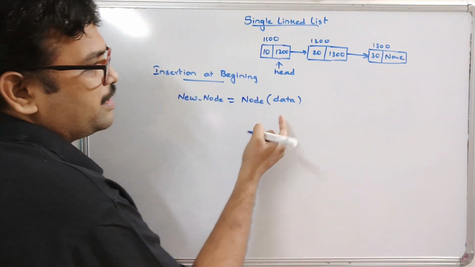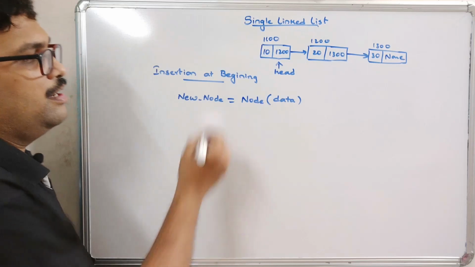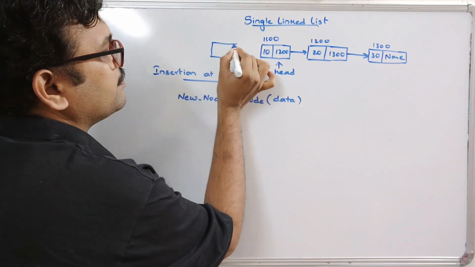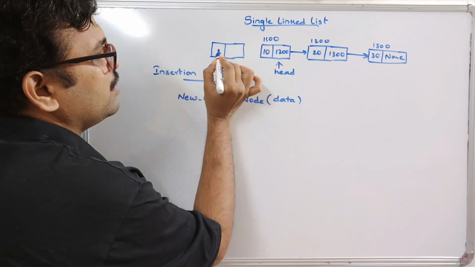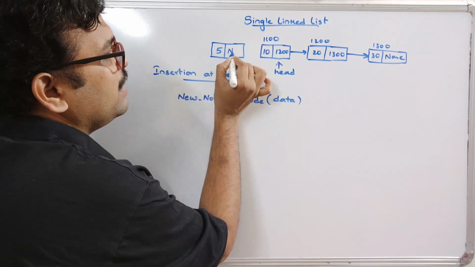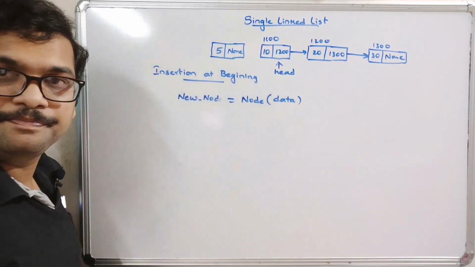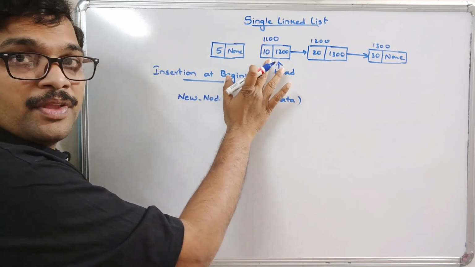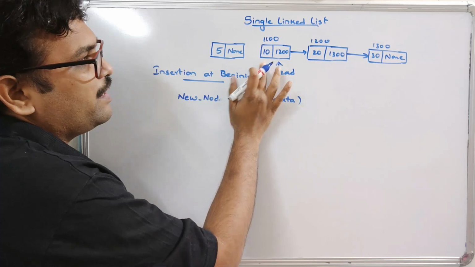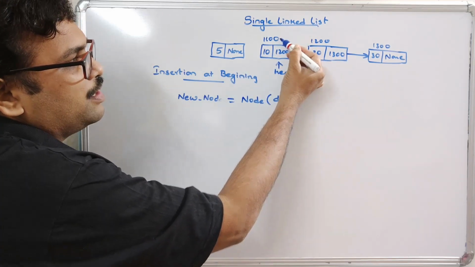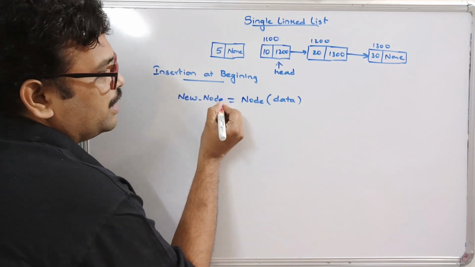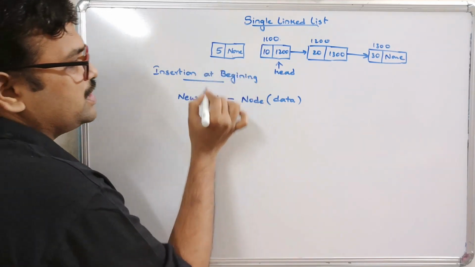So let us take this data and after getting the data, automatically a node will be created here. So in the previous session we have seen, let it be some 5 and initially the next value will be none, right? Now we have to link this one to this one. That means we have to get the address of this one at this position, okay? So for that purpose, what we have to do, so this is a new node.